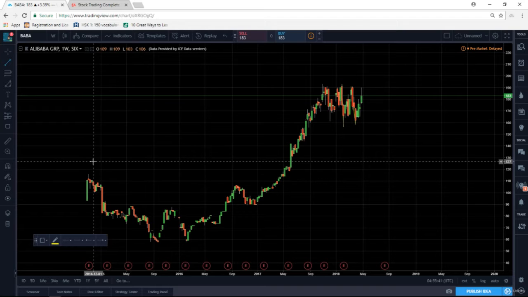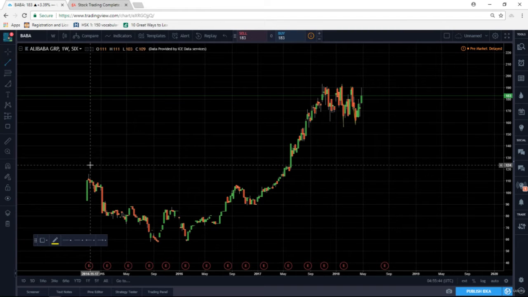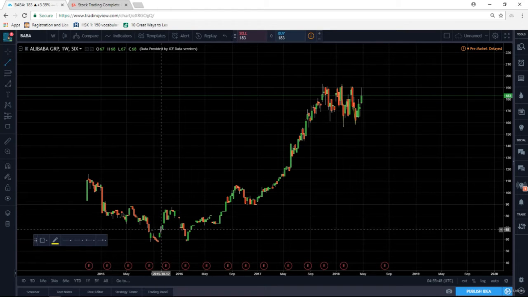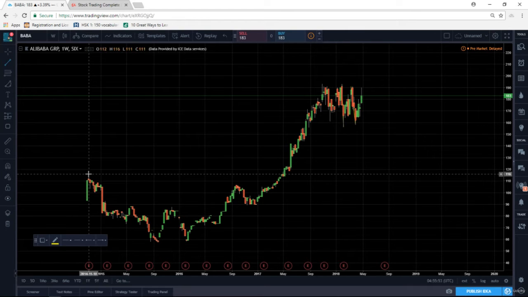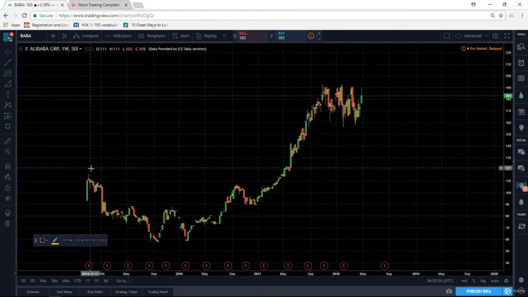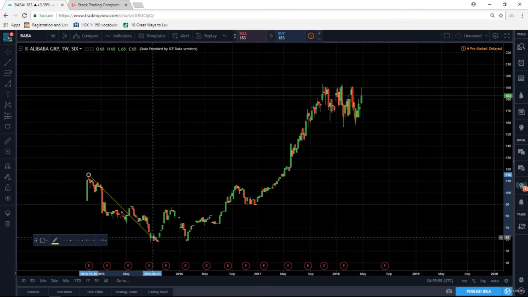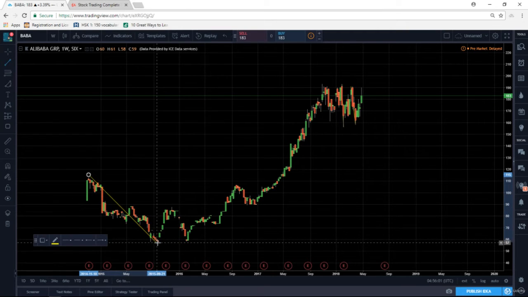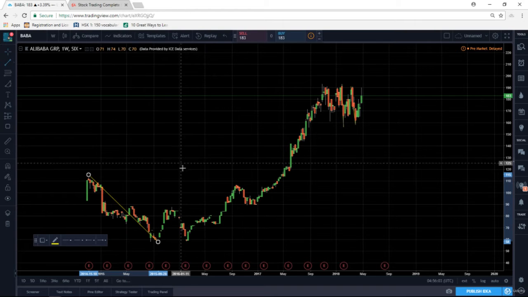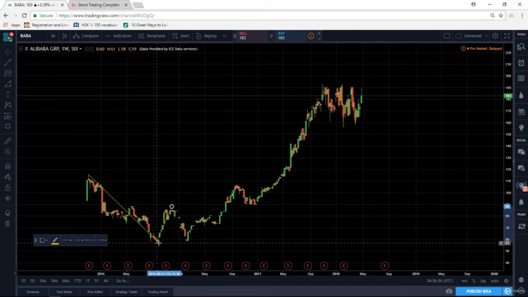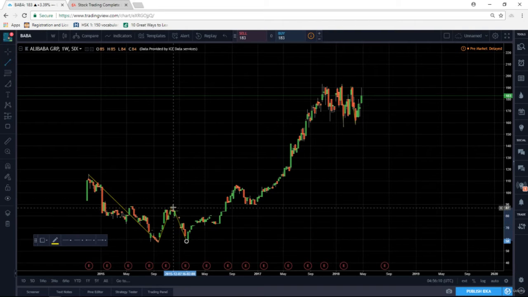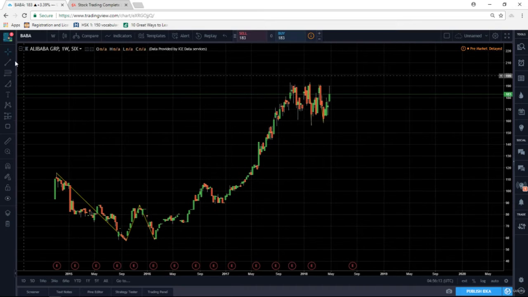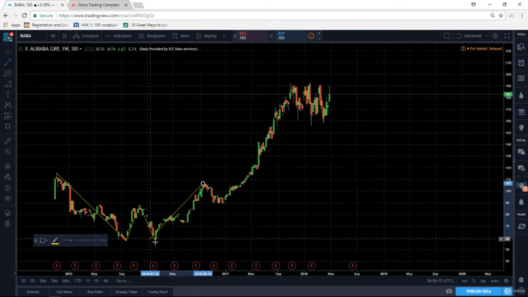Because the stock price has been dropping since the IPO to the middle of 2015, you have to pick the uppermost peak and connect it to the lowest peak just like usual. You connect all the lows and the highs.